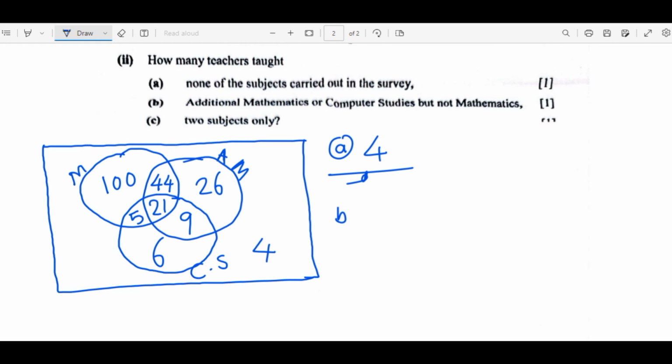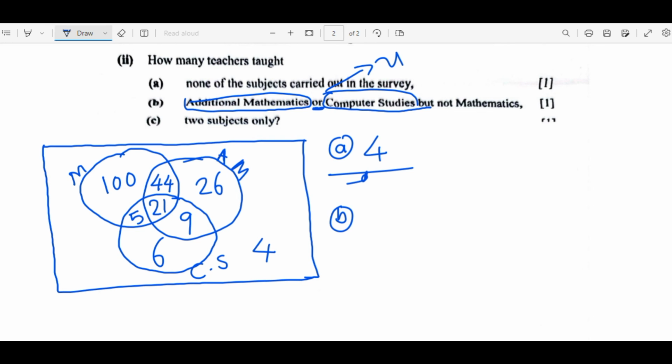Then B, additional mathematics or computer studies, but not mathematics. So if you look at, or is associated with addition. So we need those that did additional mathematics and computer studies, but, or we can say or can be associated with the union, I mean.